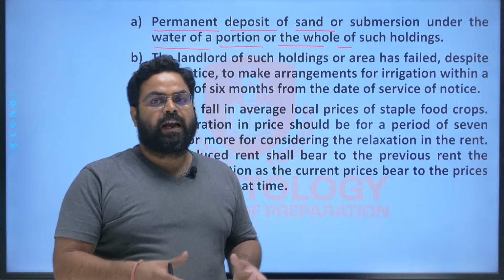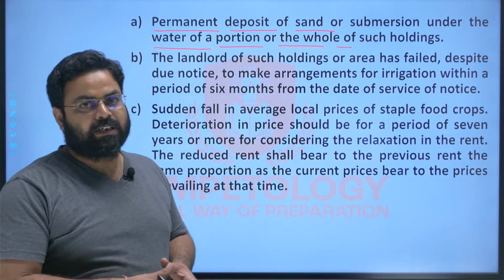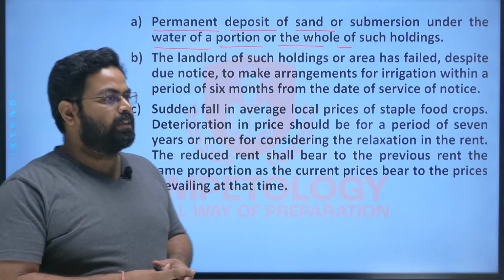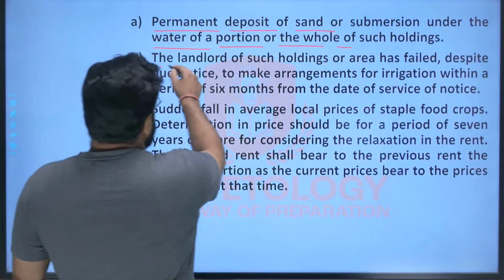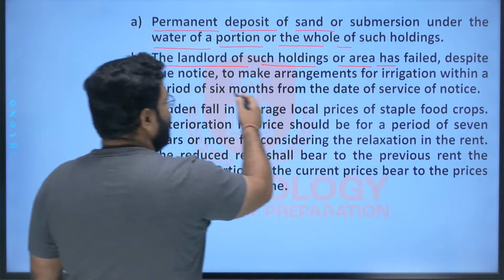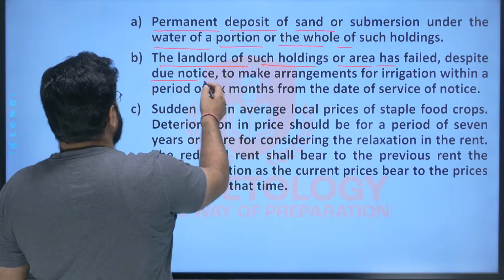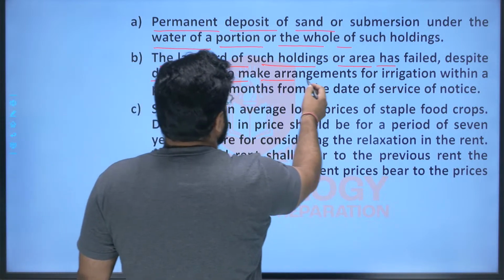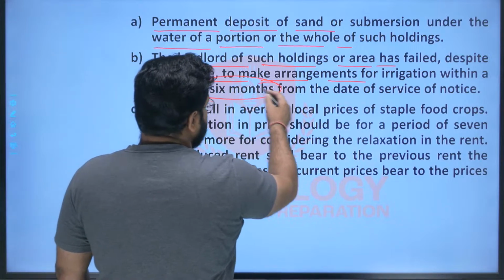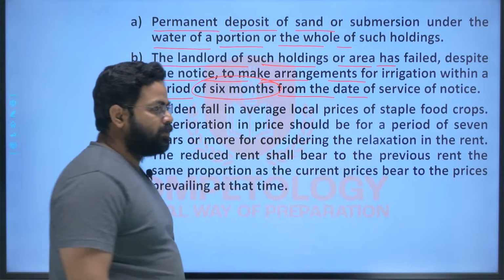Or if his land has got submerged underwater, it is flooded, then in such case also his land rent can be reduced. Another ground is that the landlord of such holding or area has failed, despite due notification, to make arrangement for irrigation within the period of 6 months from the date of service of notice.